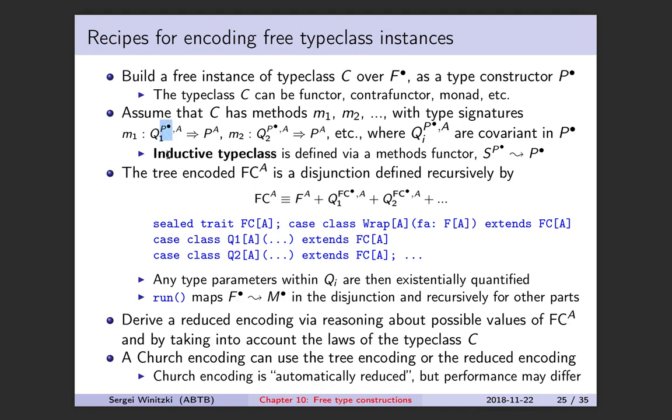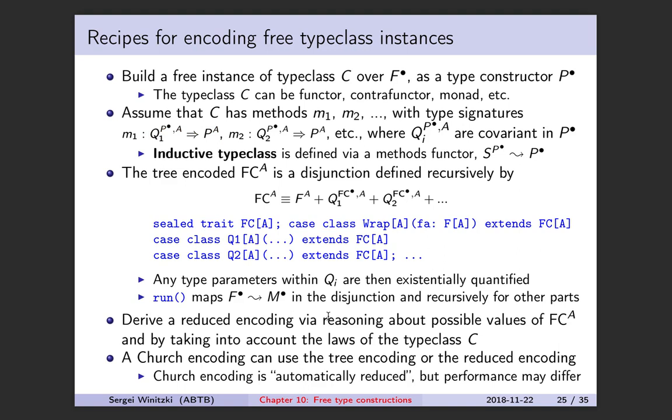So we run recursively all the P's that are inside the Q's. And then we just use the method of the type class M, which will have the same signature, except that instead of P's, we'll have specific values already of type M. And so we can just use those methods, and that's how the run function works.